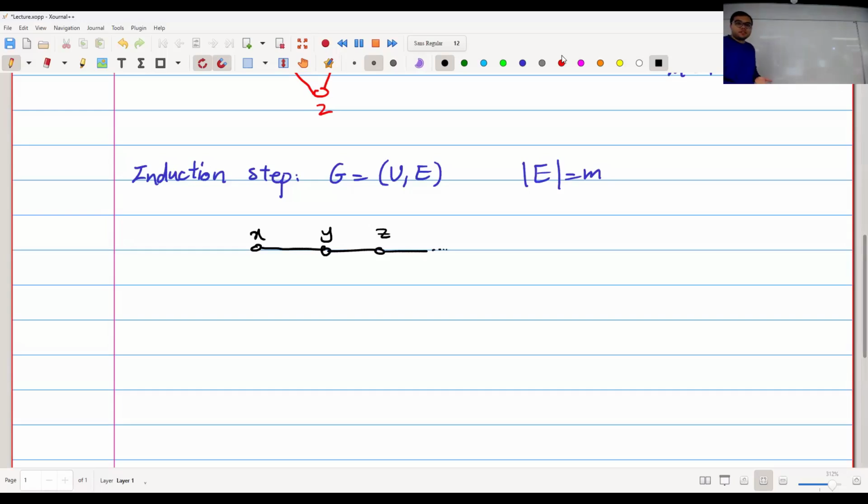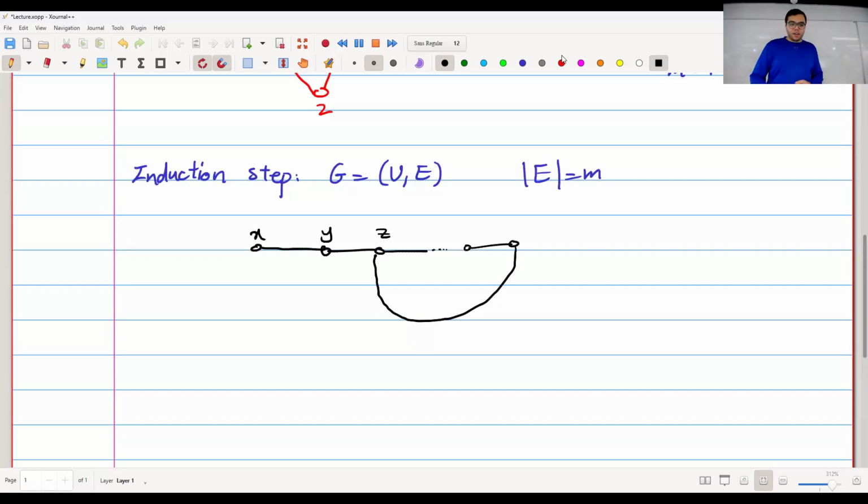And because the degree of this vertex is even, there is at least one other edge, I can keep going, right? But my graph is finite. So I cannot see infinitely many vertices. This path cannot continue forever, okay? So at some point, it has to go back to one of the vertices that I've already seen. And as soon as that happens, I have a cycle. Okay? So this is a very simple proof that we have at least one cycle.